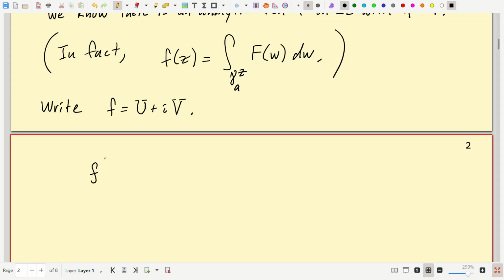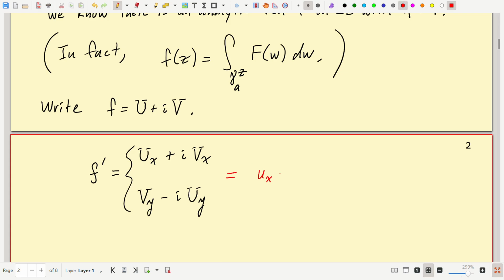We know that f prime is equal to capital dU dx plus i capital dV dx, and it's also equal to dV dy minus i dU dy. It's red box number 1 and number 2. And now we know that that's equal to the capital F thing, that's little du dx minus i du dy.